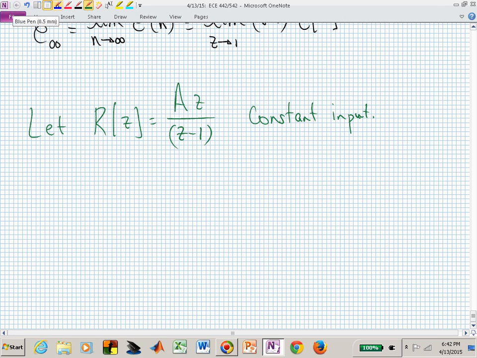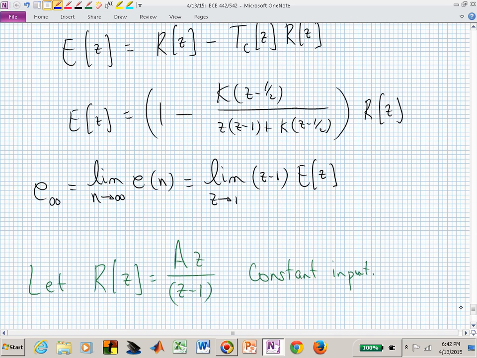We can now calculate the limiting value of our error. That's the limit as z goes to 1 of z minus 1 times this mess, but let's put it all over a common denominator so that I now have z times (z minus 1) plus k(z minus 1/2), minus capital K(z minus 1/2).